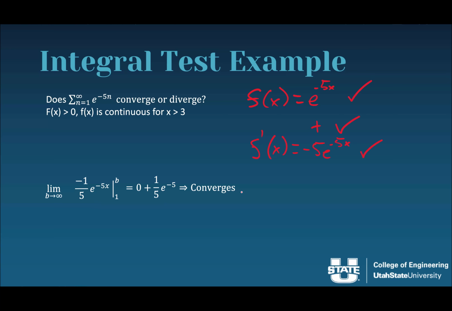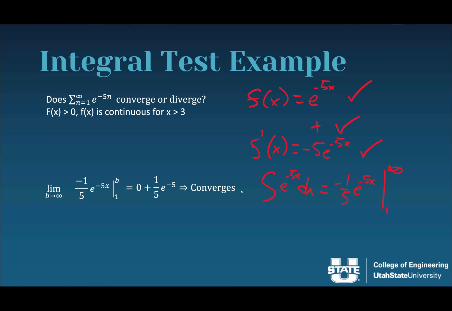So now if I integrate e to the negative 5x dx, that gives me negative 1/5 e to the negative 5x, evaluated from my bounds 1 to infinity. This is technically a limit where we're doing b and then b goes to infinity, but I think you guys get the gist without the notation.